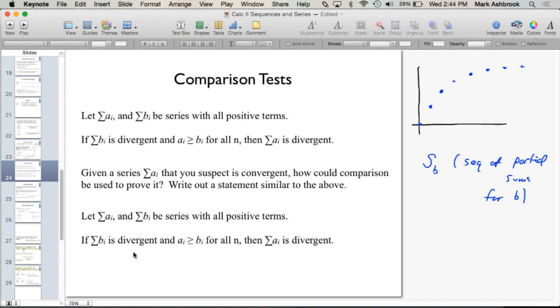So the one we're comparing it to has to be what? The series that we're comparing it to, should it be divergent or convergent? Yeah, it should converge.